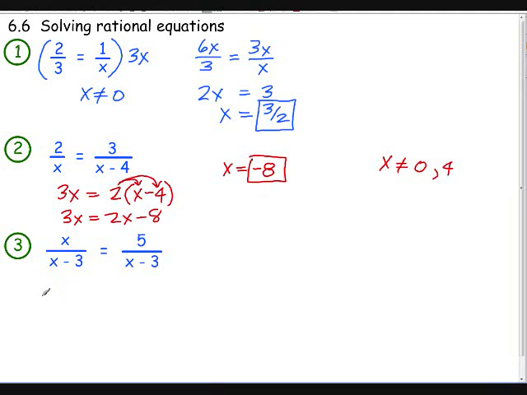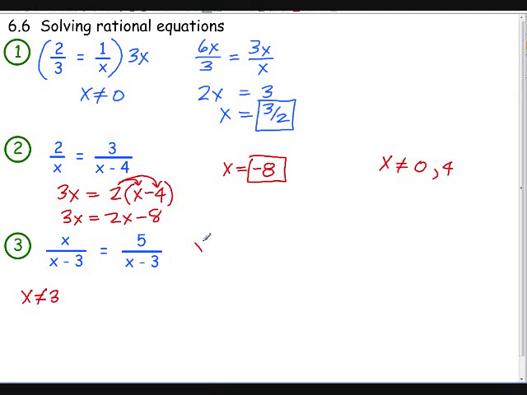This time I have it fresh on my mind, and I'm thinking the domain of this has to be something other than 3. All right, so let's try our cross multiplication.